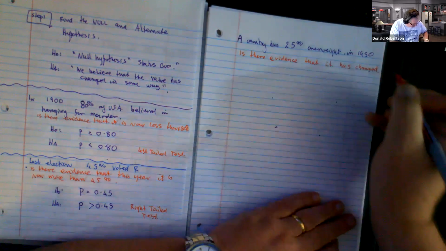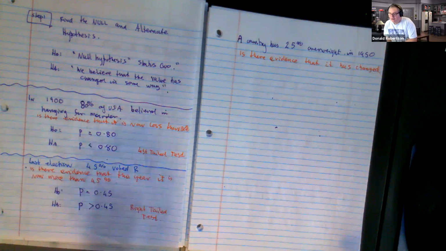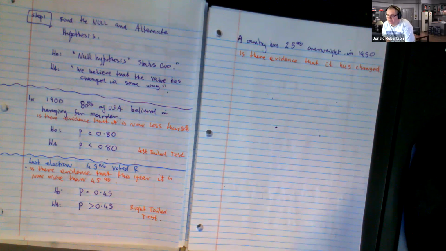Now, we're not specifying how it changed, but that it's not 25% anymore. Because sometimes you don't know how it's changed, but you know it's changed, right? You know it's different, but you're not 100% sure it's different because it's got bigger, or it's different because it's got smaller. That you'll figure out later when you conduct your sample and do all your number crunching.